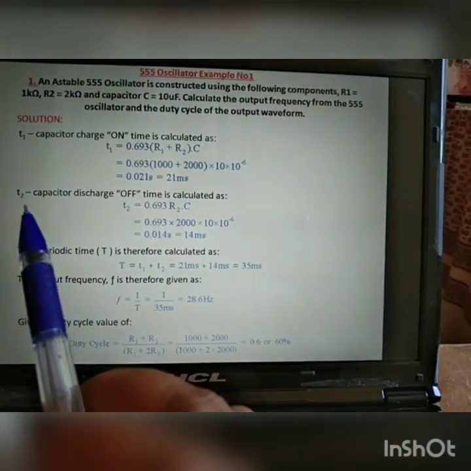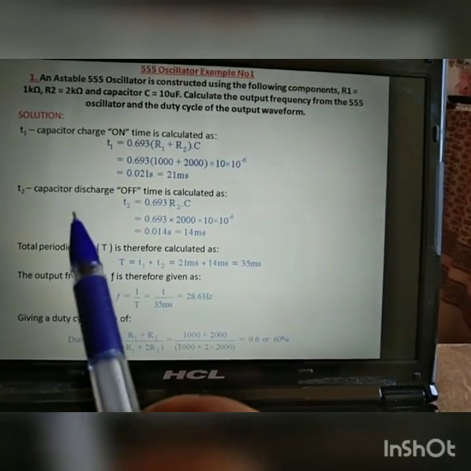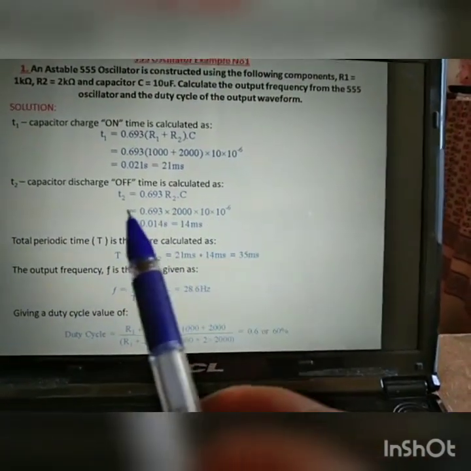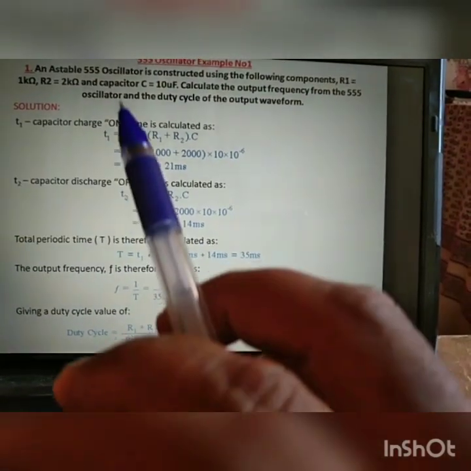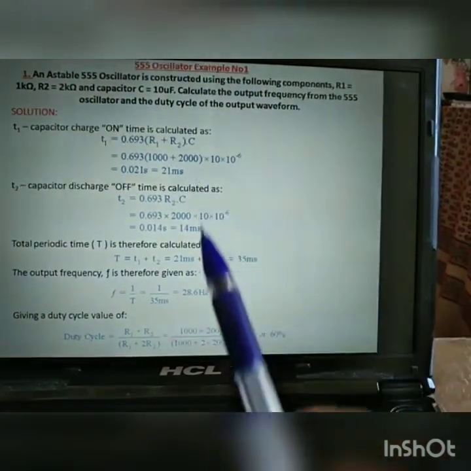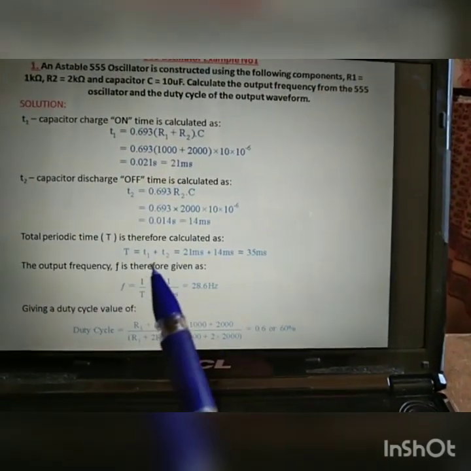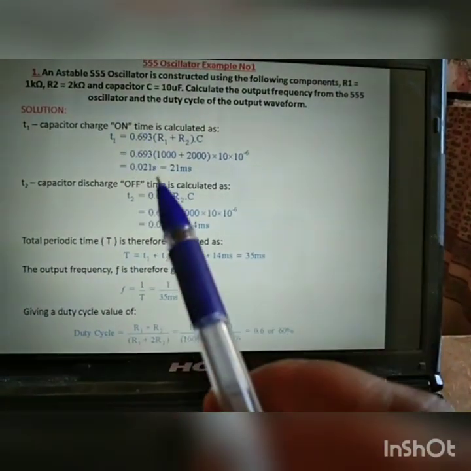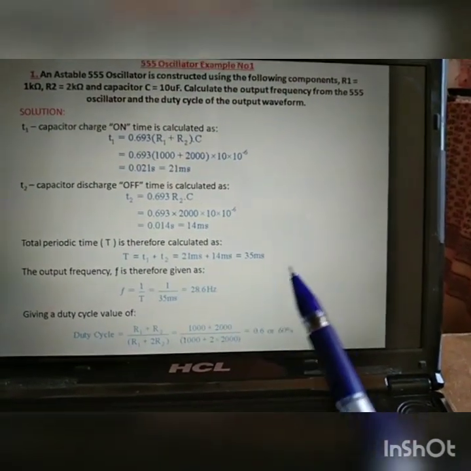Next is the discharge time, the off time. T2 is the capacitor discharge time, T2 equal to 0.693 R2 into C, with R2 equal to 2 kilo ohm and the capacitor 10 microfarad. Therefore, T2 is equal to 14 millisecond. The total time T is T1 plus T2, that is 21 millisecond plus 14 millisecond, total 35 millisecond.